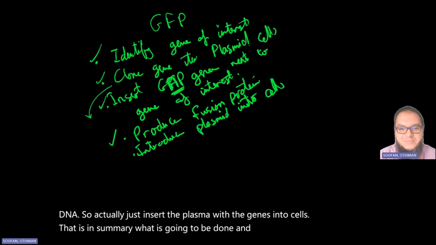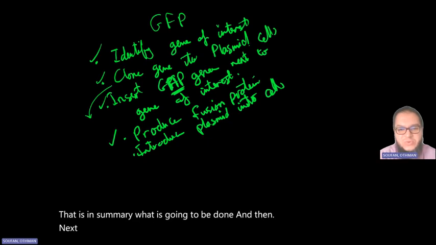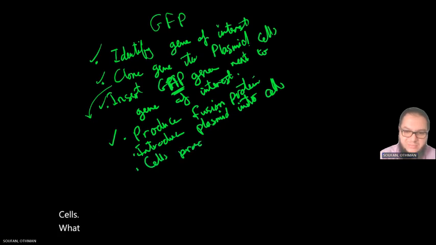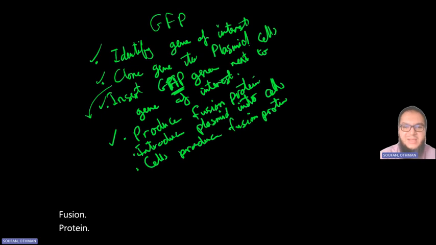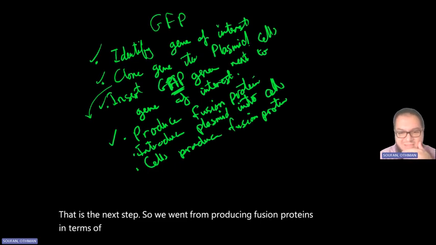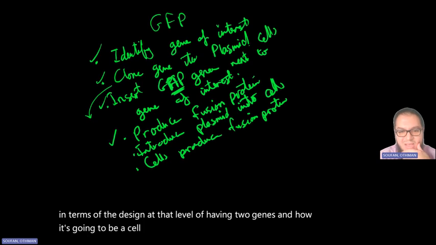Then the cells will produce the fusion protein themselves. So we went from designing the fusion protein with two genes to cell production.